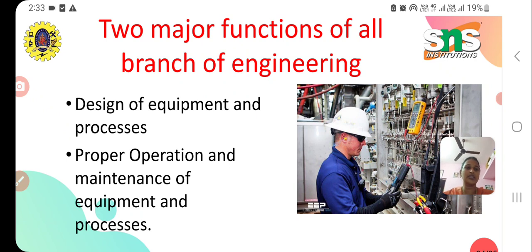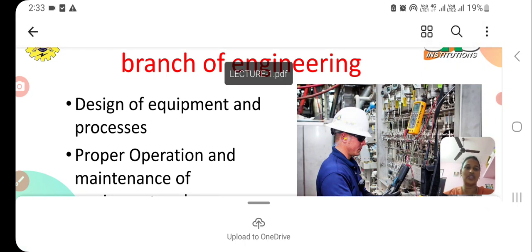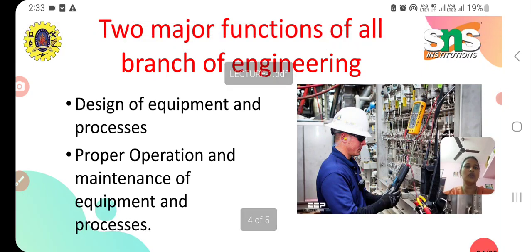There comes the importance of measurements. Whatever function you do as an engineering graduate, you will be using measurements and instrumentation. That is a basic necessity for any engineering graduate across the globe. So this subject, measurements and instrumentation, is highly important.